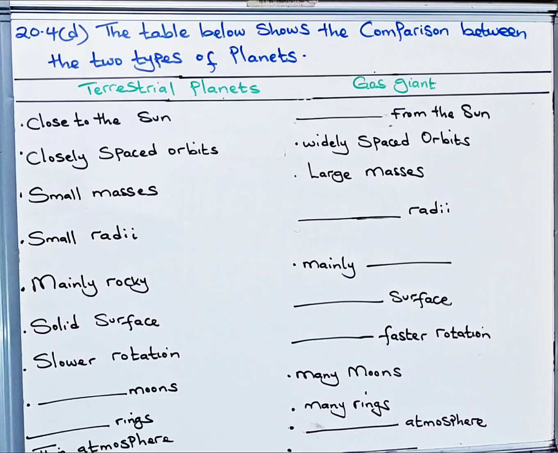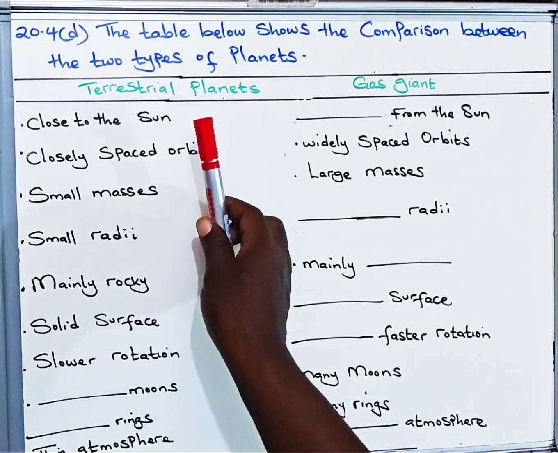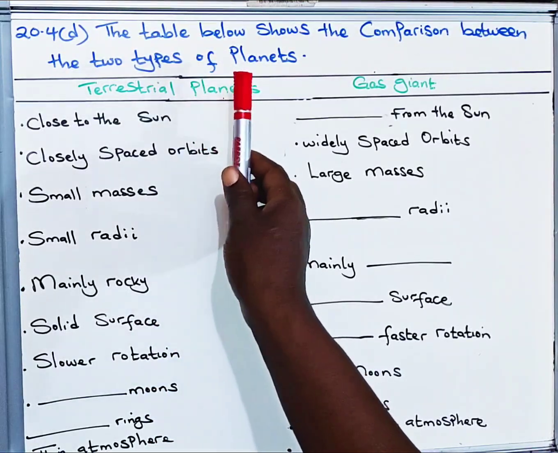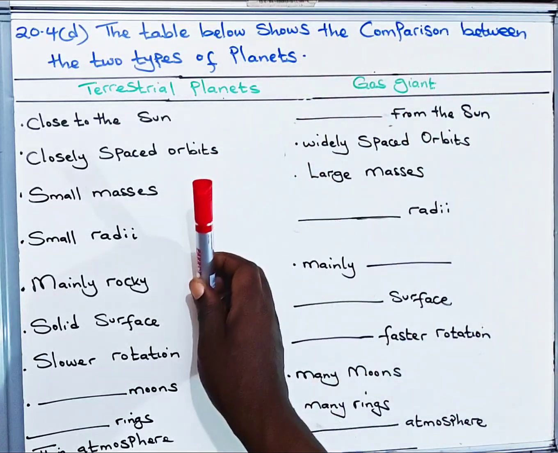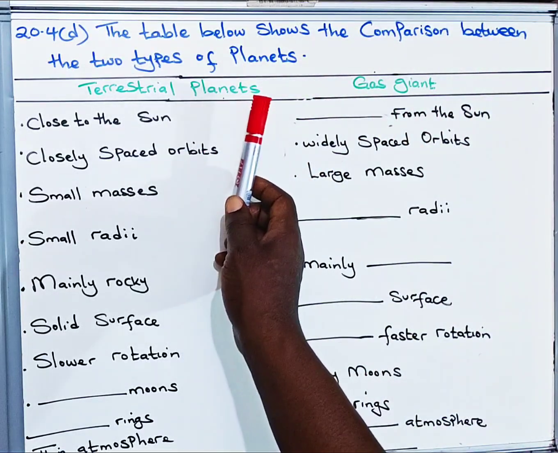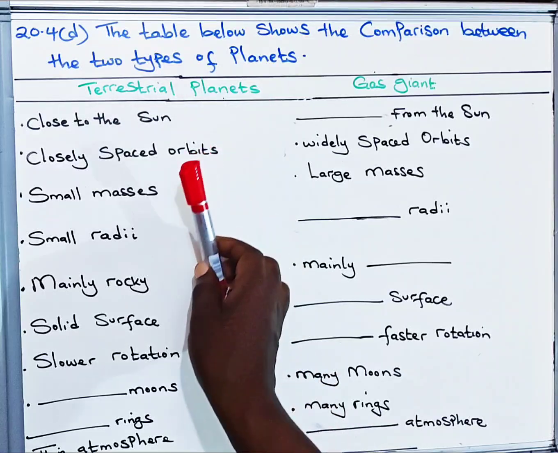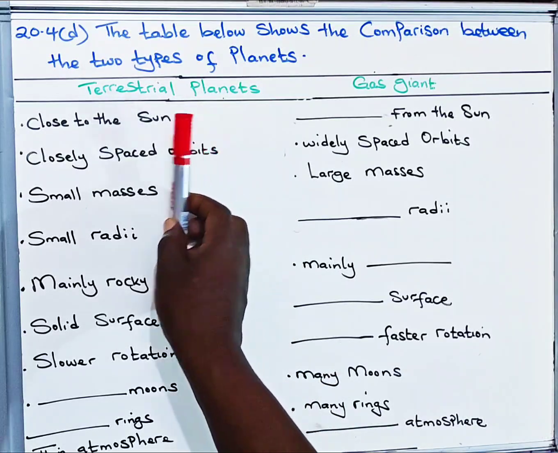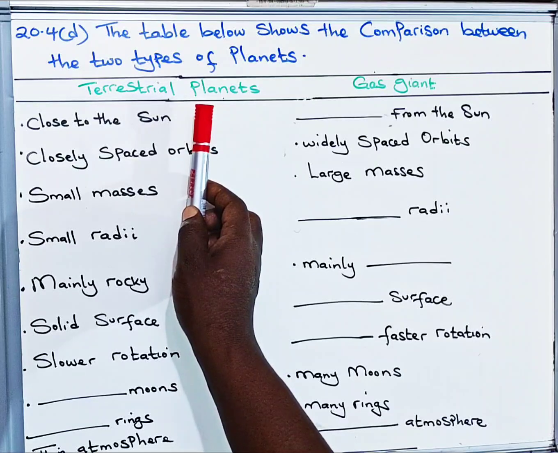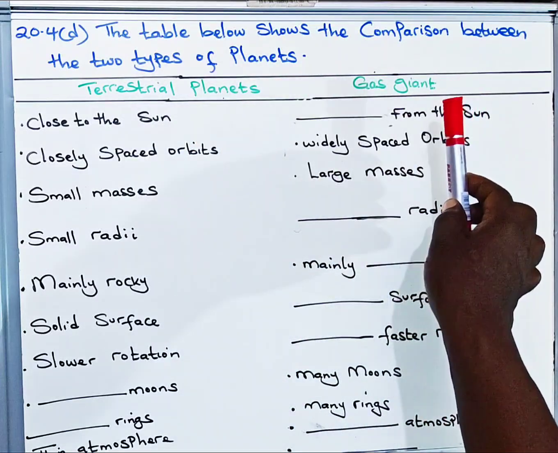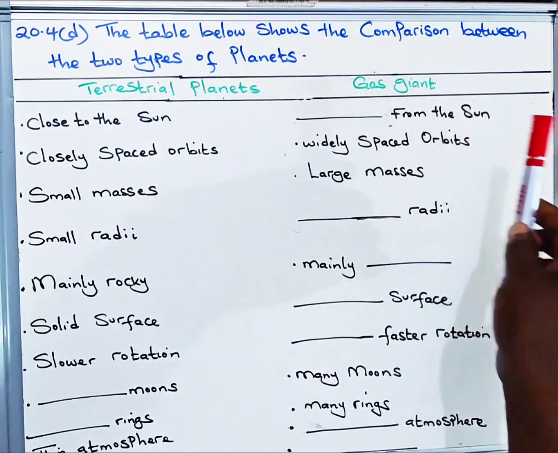And then we come to this question. It says that the table below shows the comparison between the two types of planets. This side we have the terrestrial planets, and that side we have the gas giants.